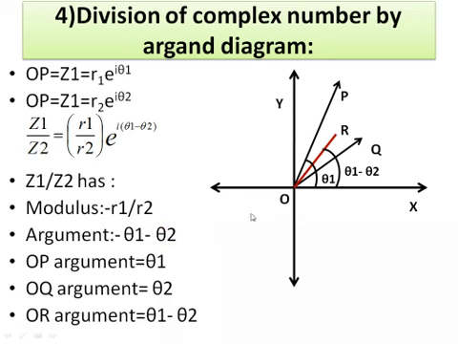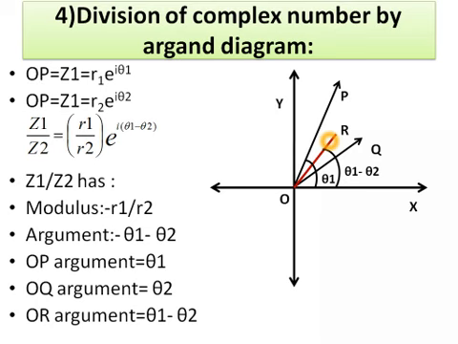In this diagram, we have shown that vector OP is at an angle of θ1 and at a distance of R1. OQ is making an angle of θ2 at a distance of R2. Once we consider their division, it is represented with the OR vector here, indicated by the red line.